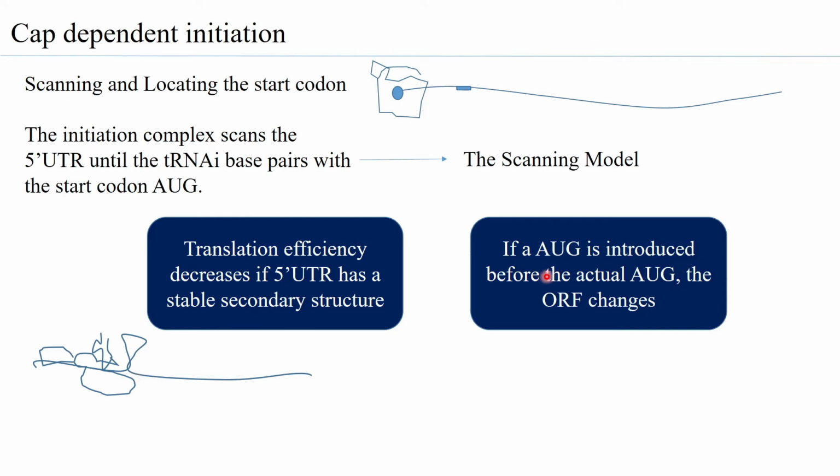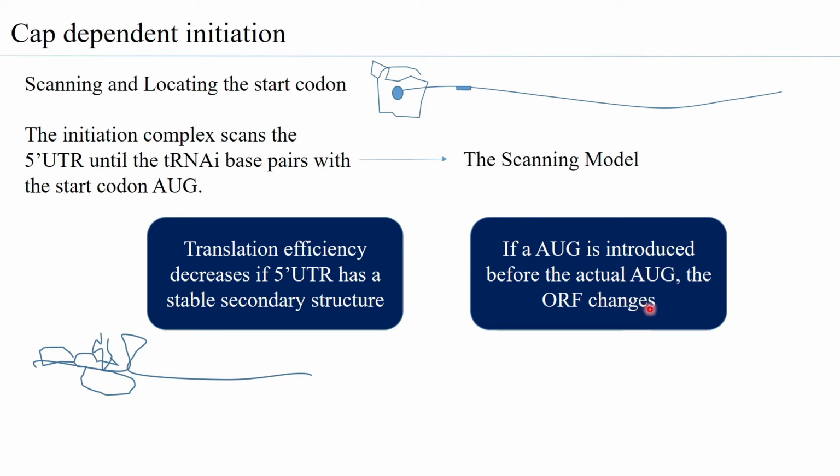The second thing that has been done is that to an mRNA that already has a start codon, another start codon is introduced before, that means placed upstream of, the actual AUG. Then it has been observed that the translation start site that is marked is different from the actual translation start site.